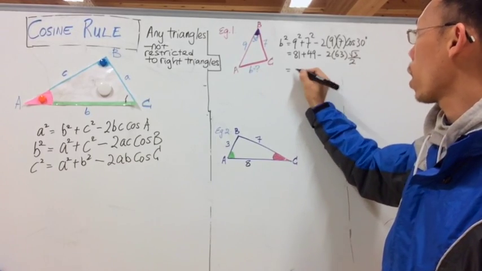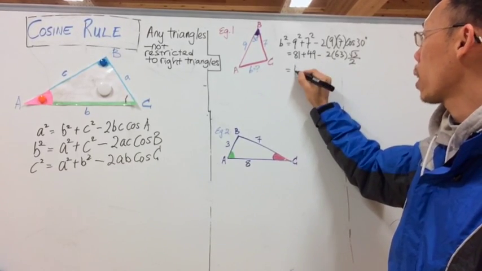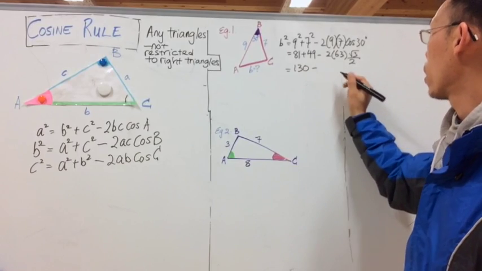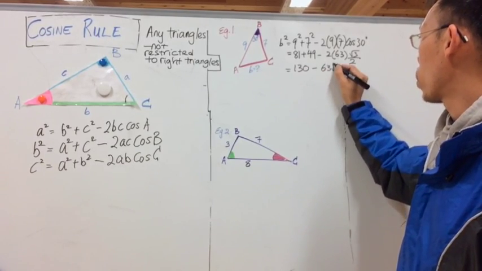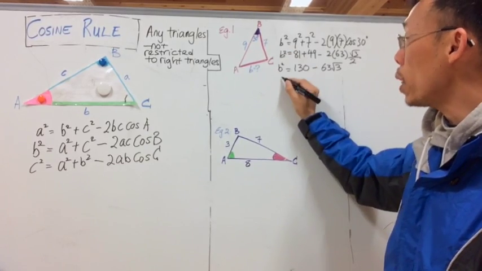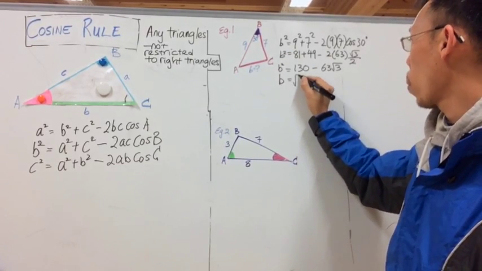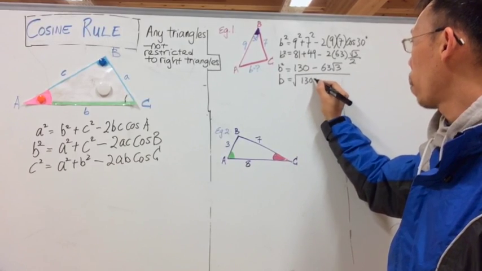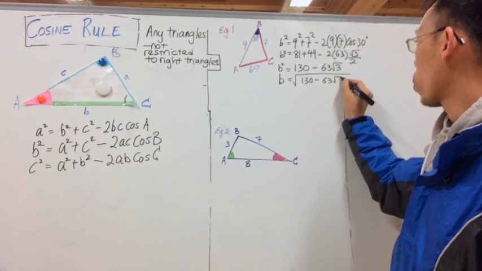So then this becomes 81 plus 49 is 130 minus 63 times square root of 3, and this is b squared. So b itself is square root of 130 minus 63 times square root of 3.